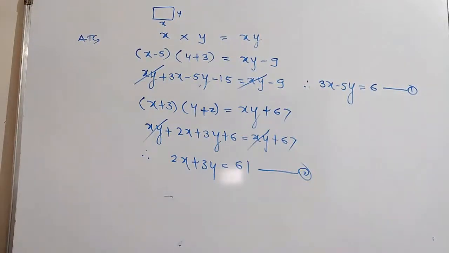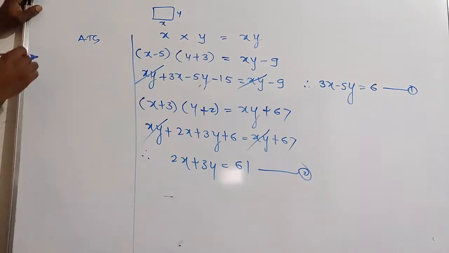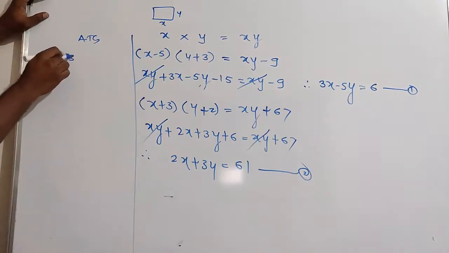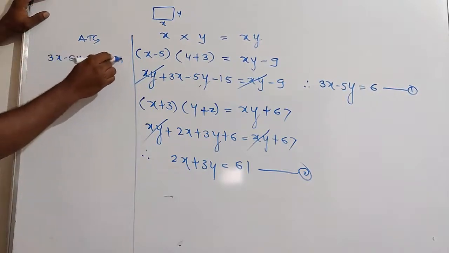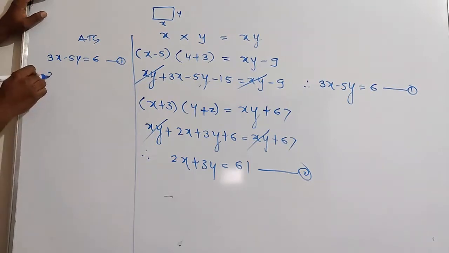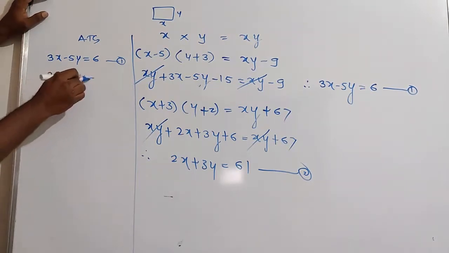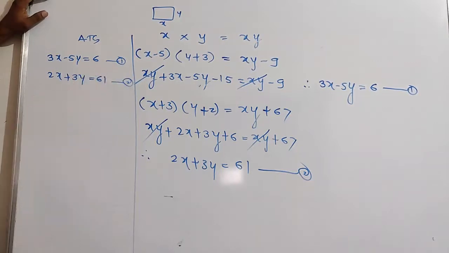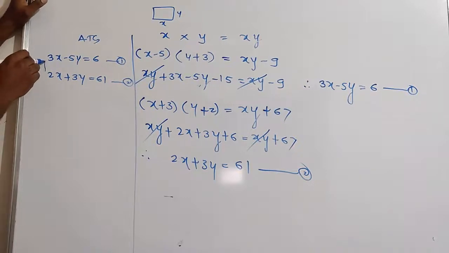So now we got two equations. The first one is 3x minus 5y is equal to 6, and the second equation is 2x plus 3y is equal to 61. Now we will use the elimination method. We will cross the coefficients: the first equation we will multiply by 2 and the second equation we will multiply by 3.